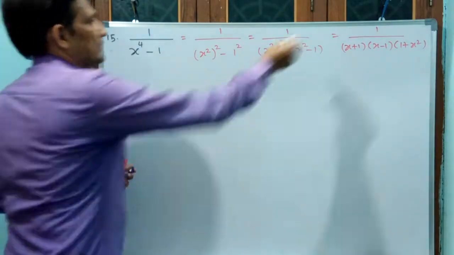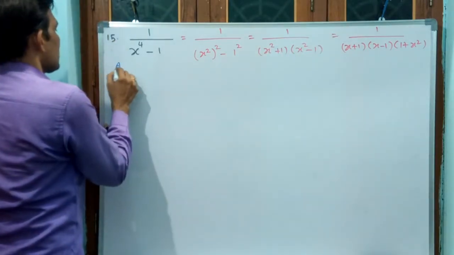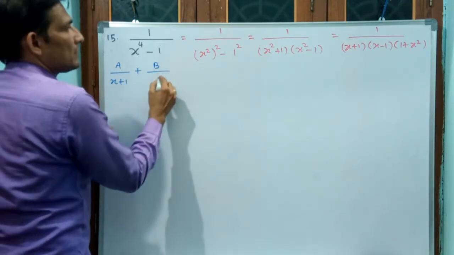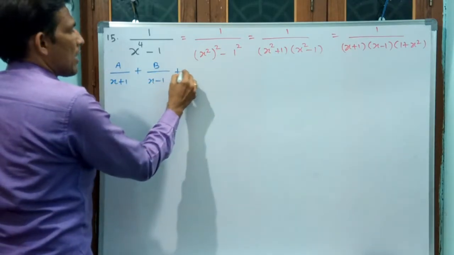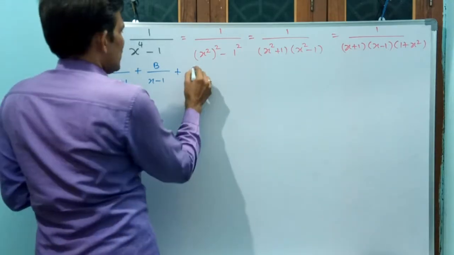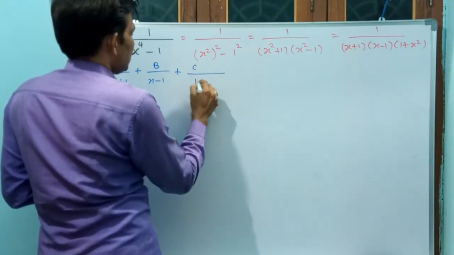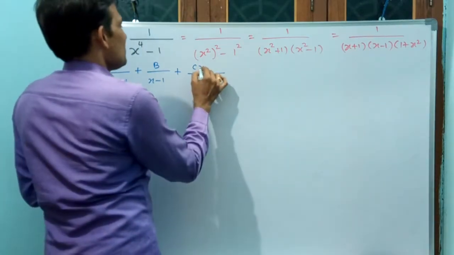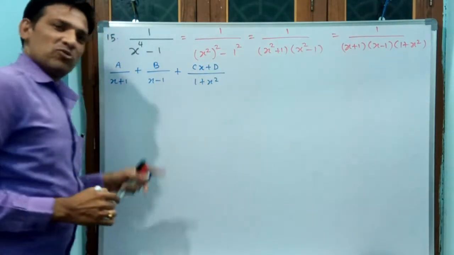Now you can split this easily as a proper fraction. See how I am doing: A by x plus 1, plus B by x minus 1, plus C by 1 plus x square. Is it correct? Not correct. Cx plus D by 1 plus x square is correct. Why?